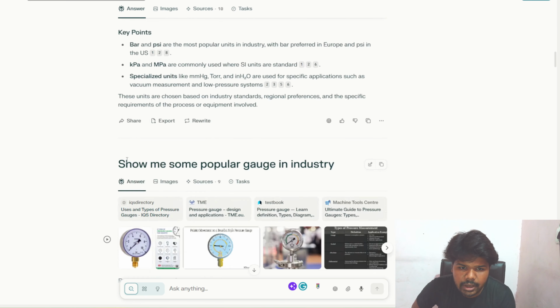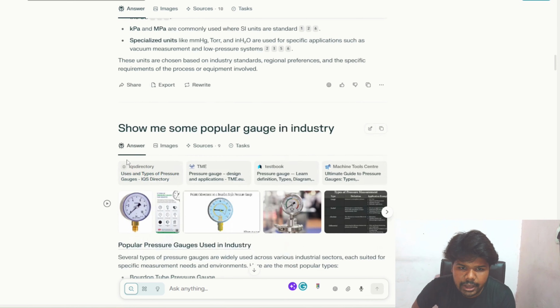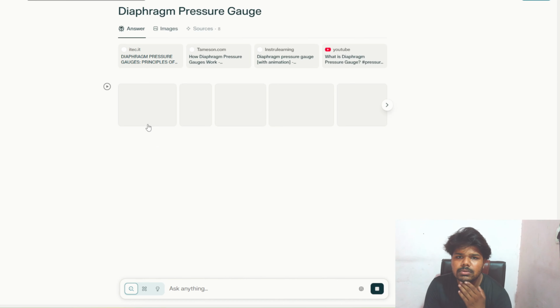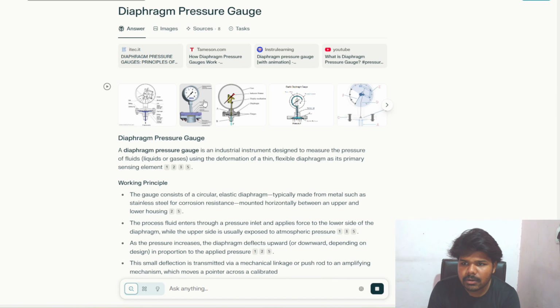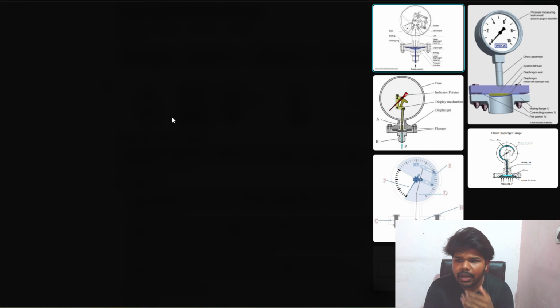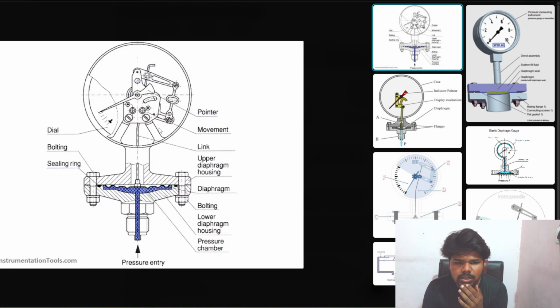Now next, I have to show you, because we are talking about pressure gauges, every type of pressure gauge: the diaphragm type. This is the diaphragm type pressure gauge. Okay, understand the mechanism.